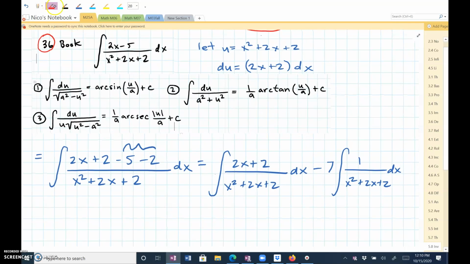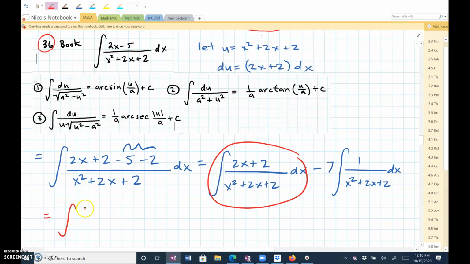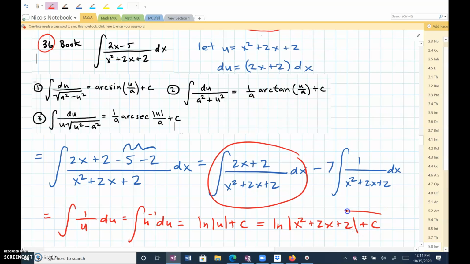We could do that, and then for this guy it's going to be the integral of 1 over u du, which would be u to the negative first du, which would be the natural log of the absolute value of u plus c, which is the natural log of the absolute value of x squared plus 2x plus 2 plus c.